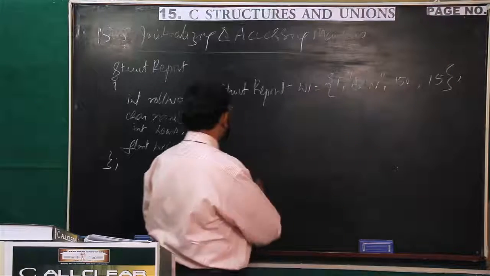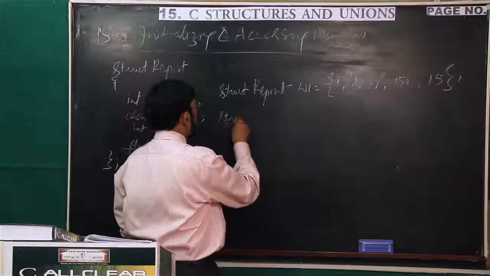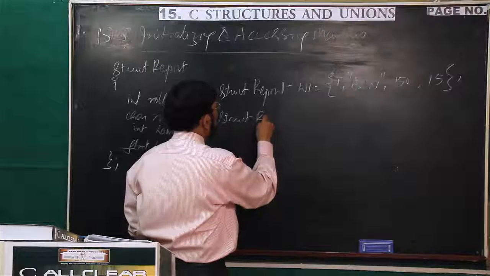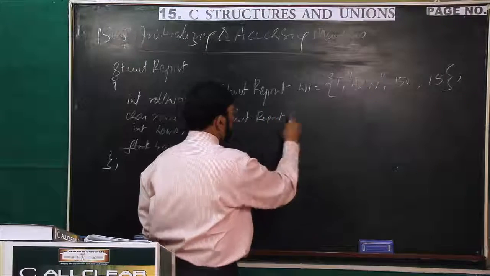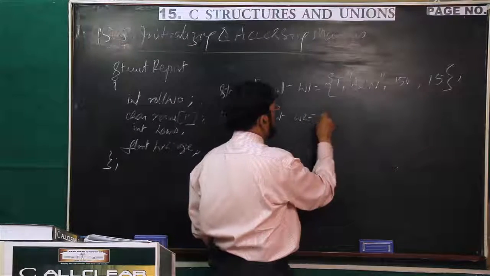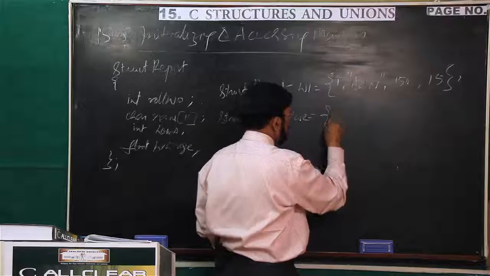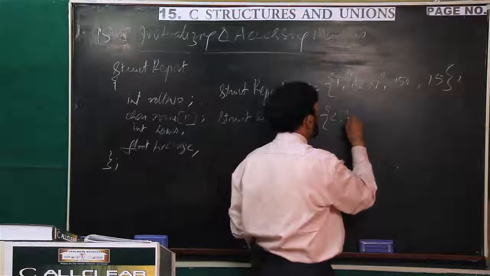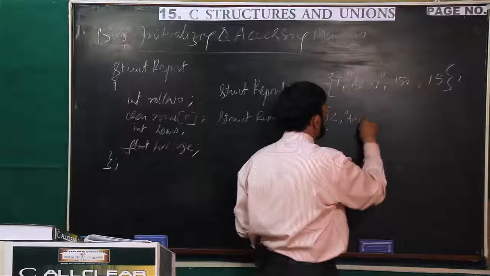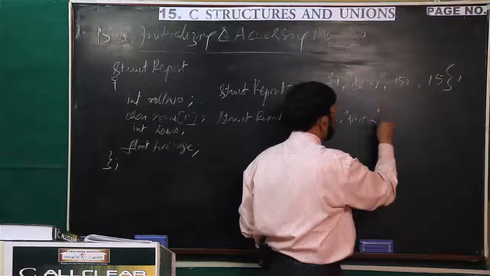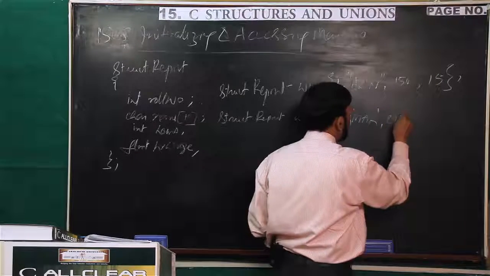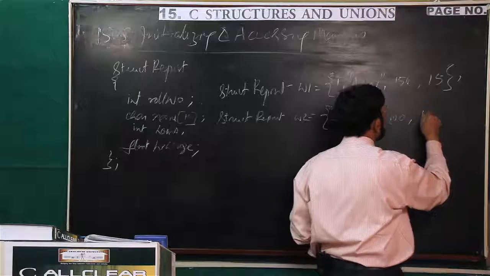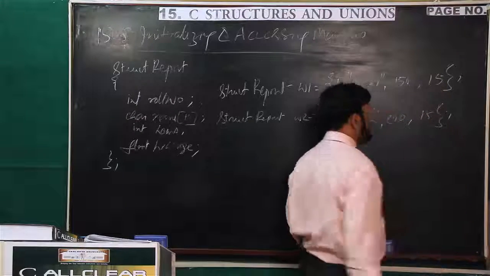Now, one more I show you: struct report worker 2, then roll number 2, Amar, 215.